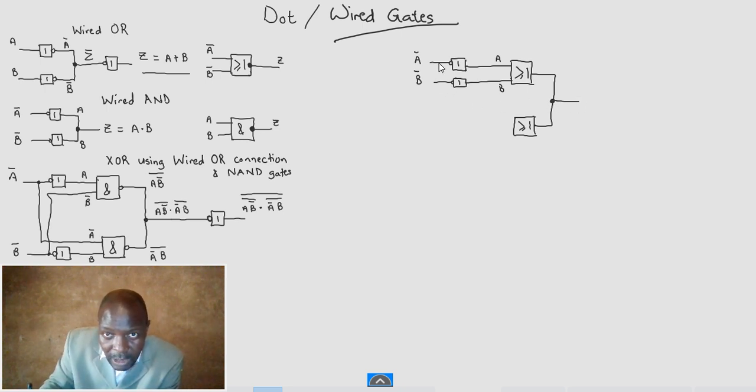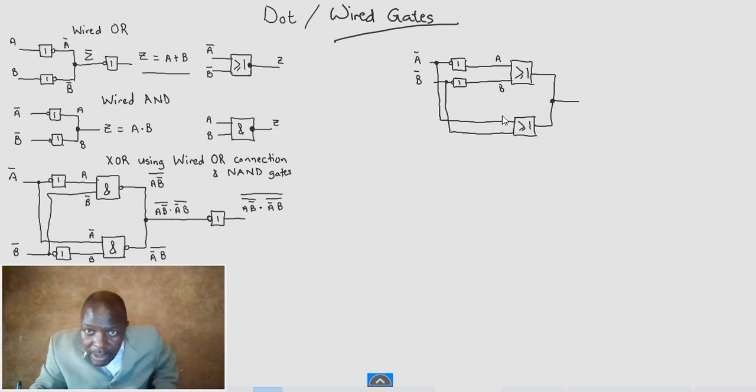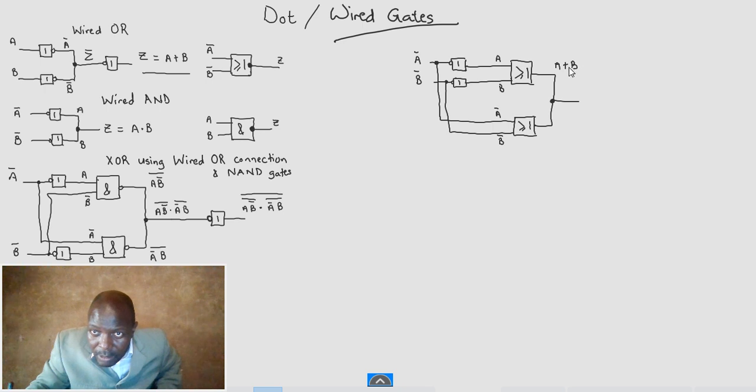Now we take those ones and we feed them to the other one, okay, and you say this is not A, this is not B. So this here is A or B, this here is not A or not B, and it's wired together.